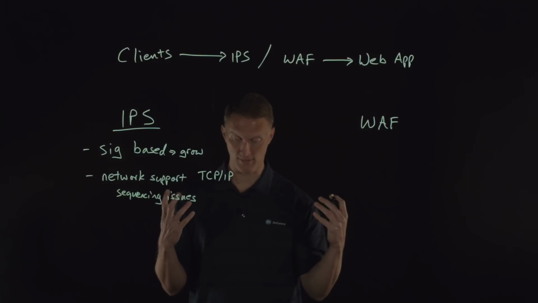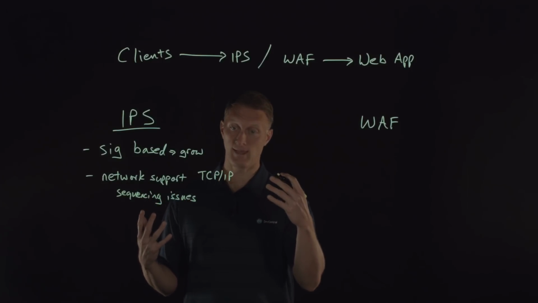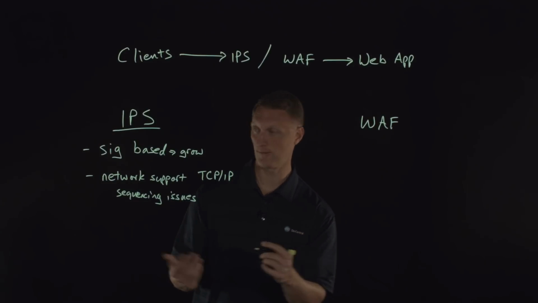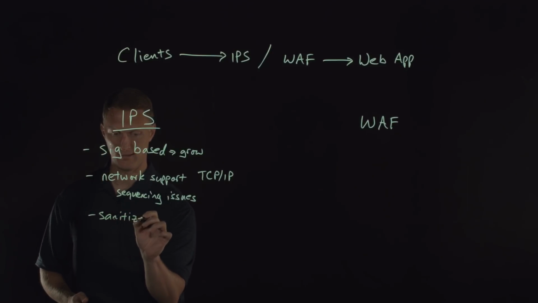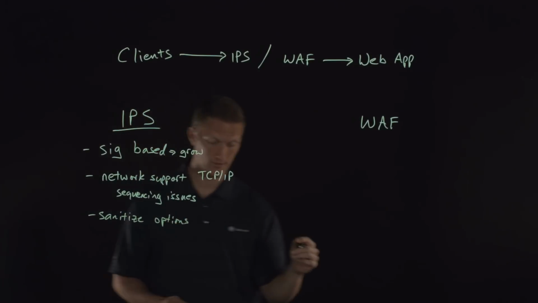There may also be some kind of transport or network layer option that is not requested and not necessary. It could sanitize those things, so I'll put sanitize options, options that might or might not be necessary.